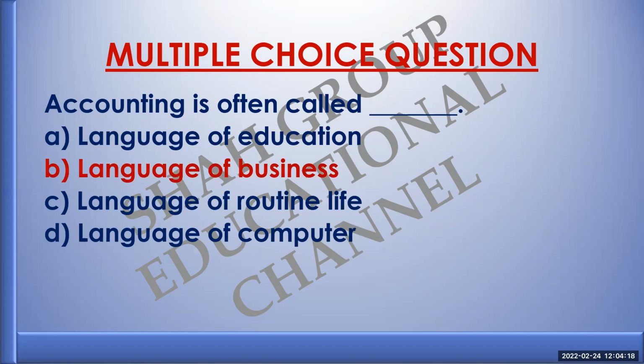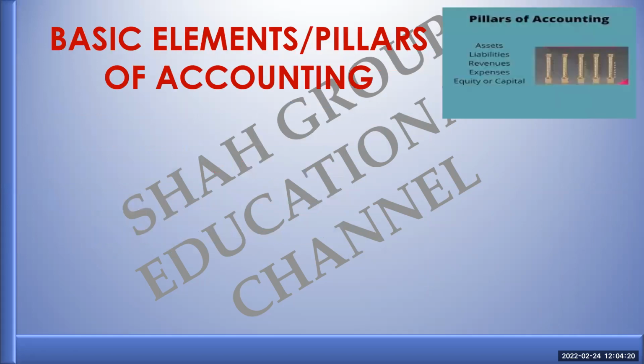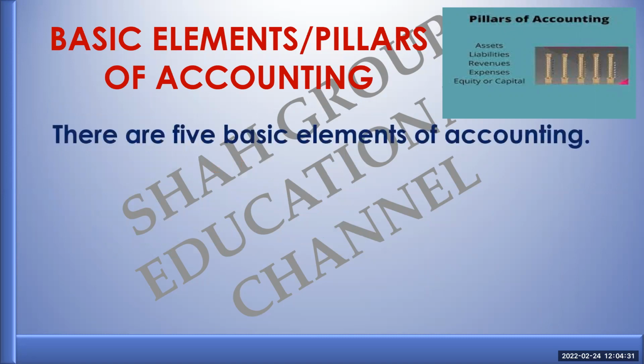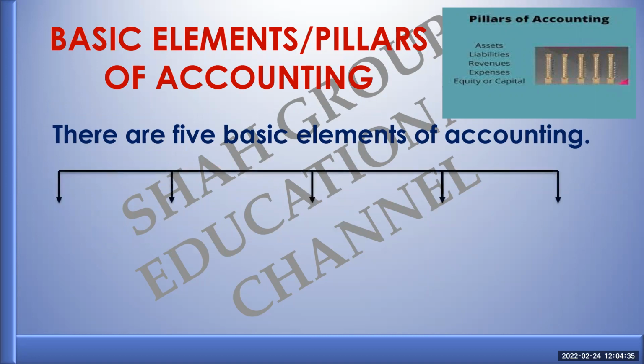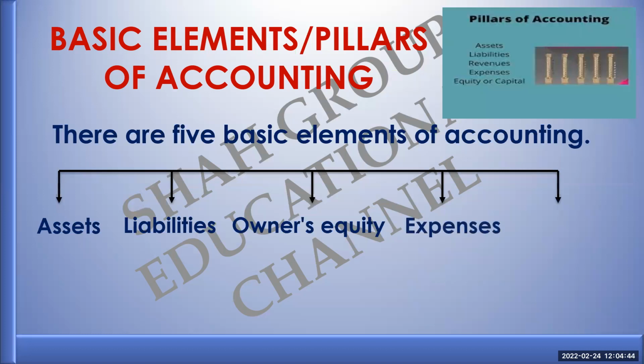Okay, let's move on. The next topic is basic elements or basic pillars of accounting. There are 5 basic elements of accounting. Number 1 is assets, number 2 is liabilities, number 3 is owner's equity, number 4 is expenses, and number 5 is revenues.